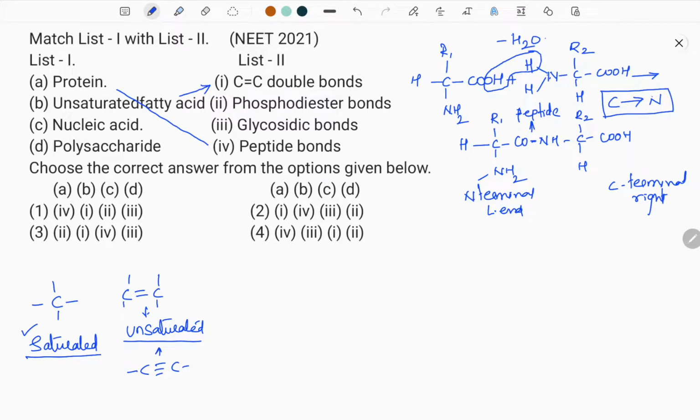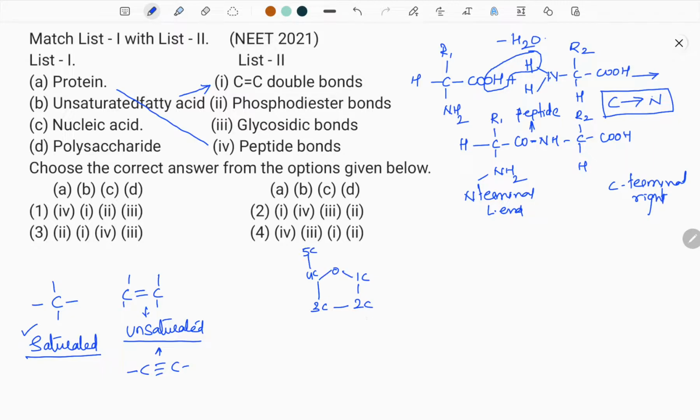Then nucleic acid. Let us have a look at the nucleic acids. Let us see here that this is sugar, and always remember that to the first carbon of sugar the nitrogen base is found. Let me draw the diagram here. The first carbon, then second carbon, third carbon, fourth carbon, fifth carbon, and this is oxygen.